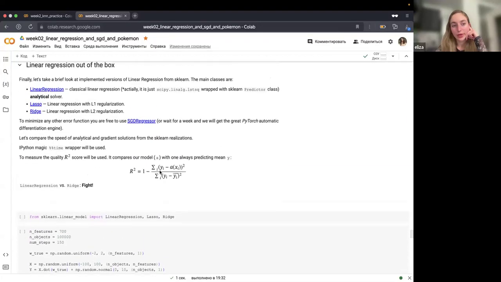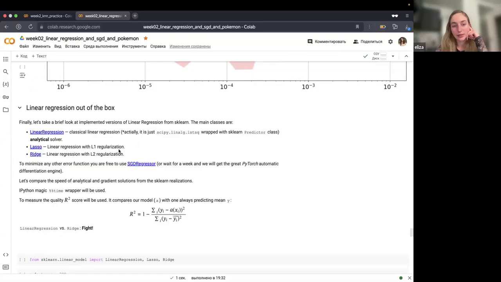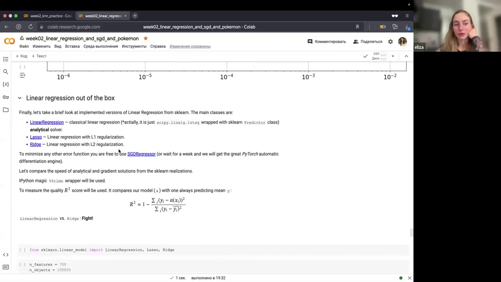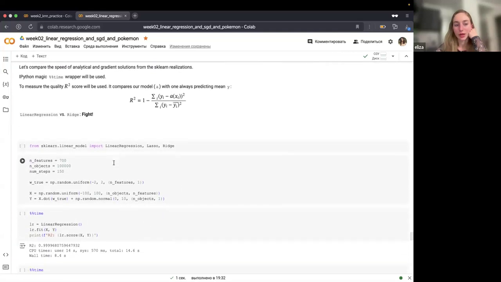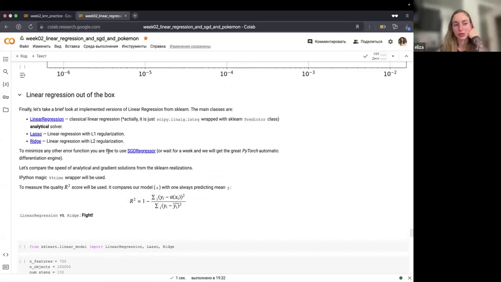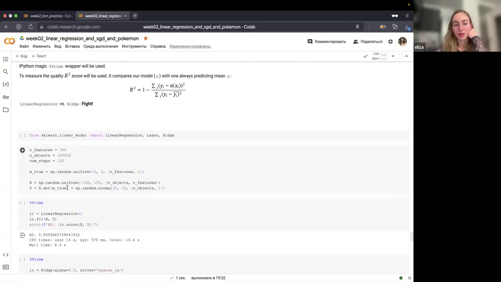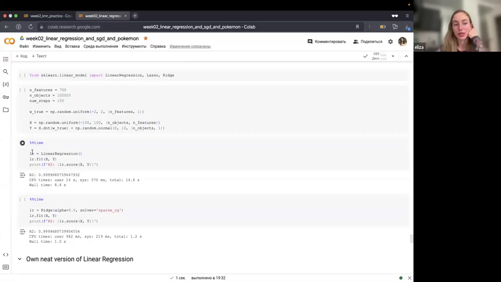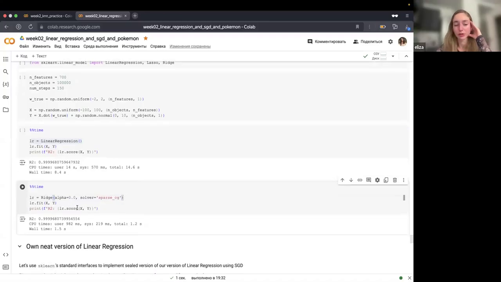Below you can see the classical realization of linear regression in sklearn. I will not stop on this part, because it's just using a ready algorithm, but you can see that you can use linear regression, and you can use ridge regression, which is linear regression with a regularization function.